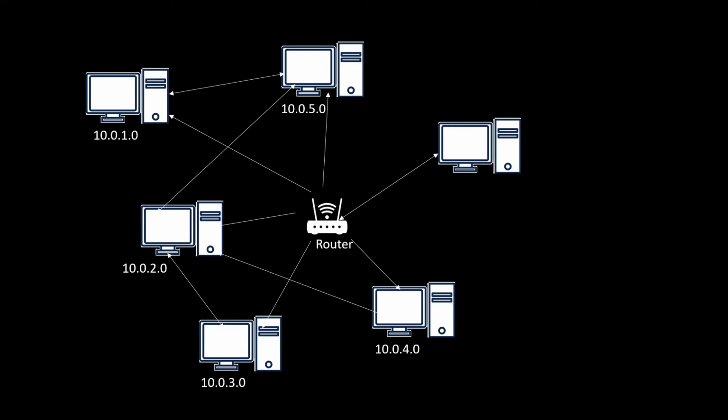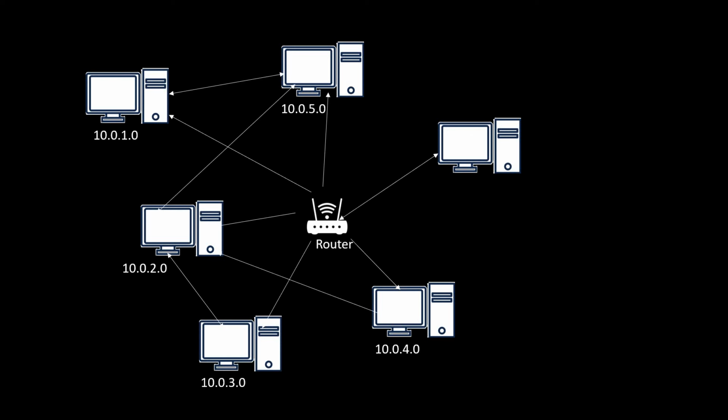Assigning a static IP is a manual process in which we need to manually assign the IP to this machine, and it could be a troublesome process if we have a huge network. We need to assign an IP address to each computer manually, and there could also be IP address conflicts if we do it manually.